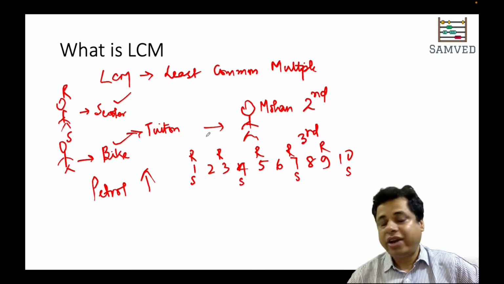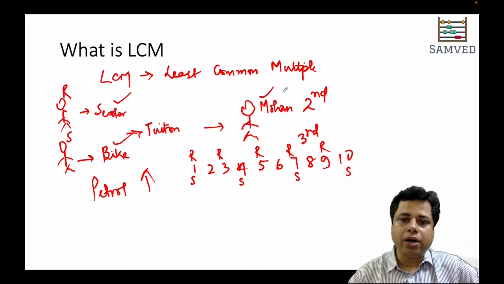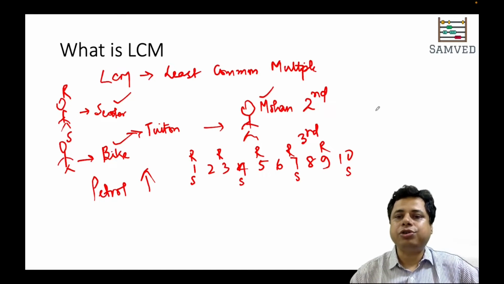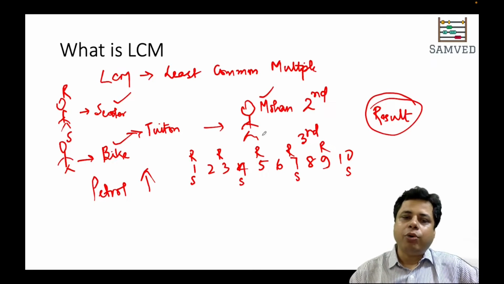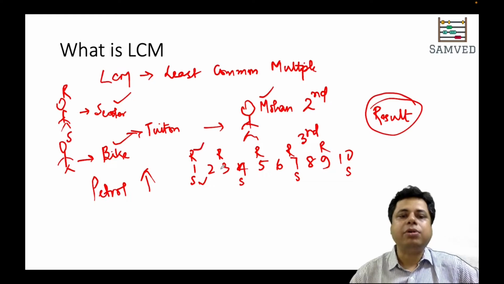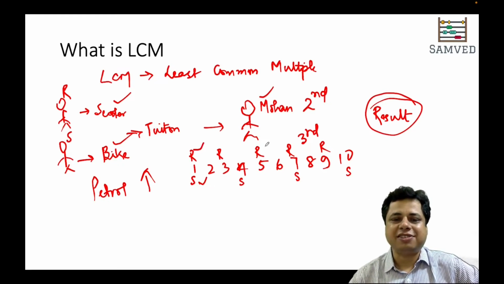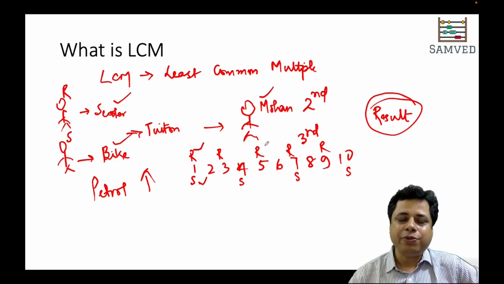Now this has created a big challenge for Mohan. Mohan had taken an examination and he now wants to distribute the results of that exam. And for the results, both Ram and Shyam should be present in the classes. So what does Mohan do?